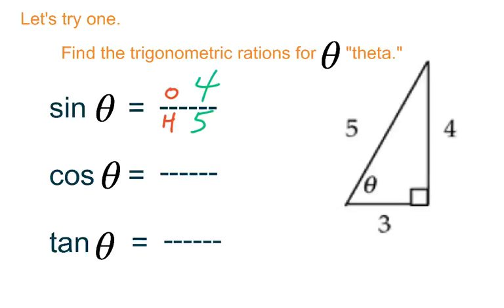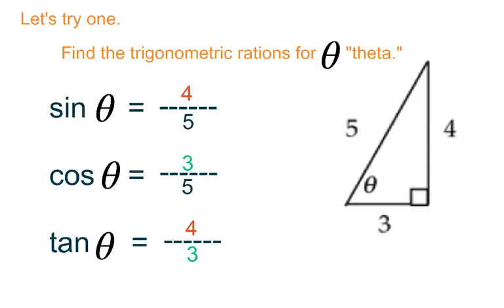Cosine of theta is equal to the adjacent side divided by the hypotenuse, which is 3 divided by 5. And then tangent theta is equal to the opposite divided by the adjacent, which is 4 divided by 3. And that's as simple as trigonometric ratios gets.